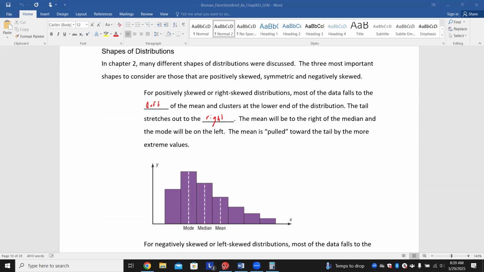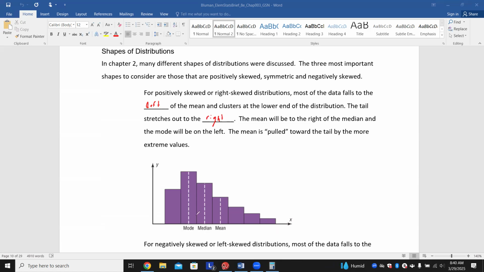So you can kind of see here, this is a positively skewed, or right skewed, distribution. We know that this is a right skew because the tail pulls to the right. Most of the data falls on the left. This data on the right is pulling the mean.